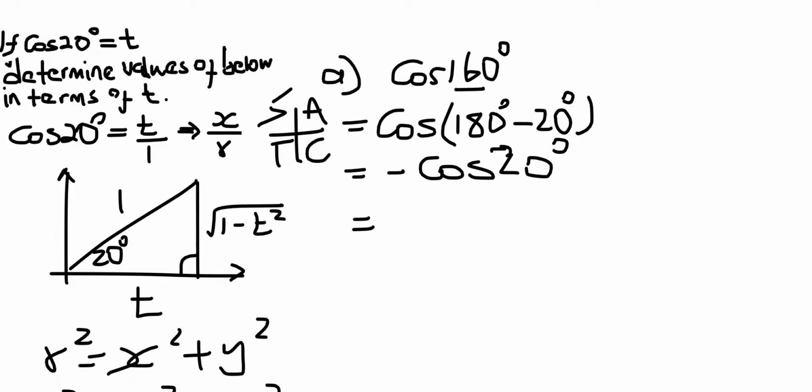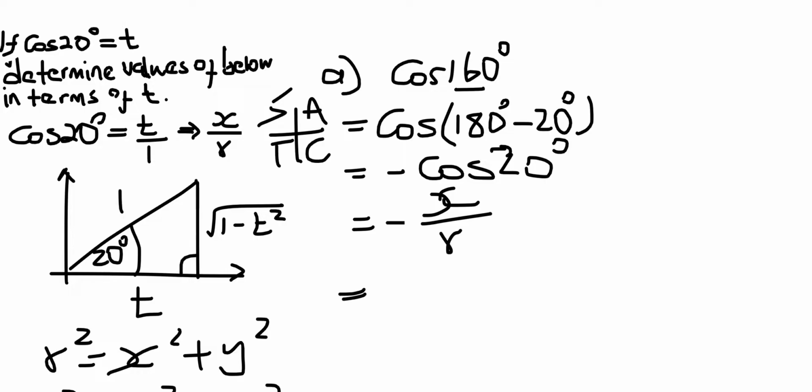So according to that right angled triangle, my cos 20 degrees will therefore be negative. What is the ratio for cos of that 20 degrees? The ratio would be x over r.